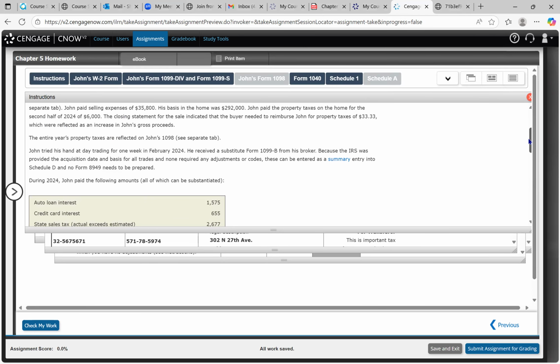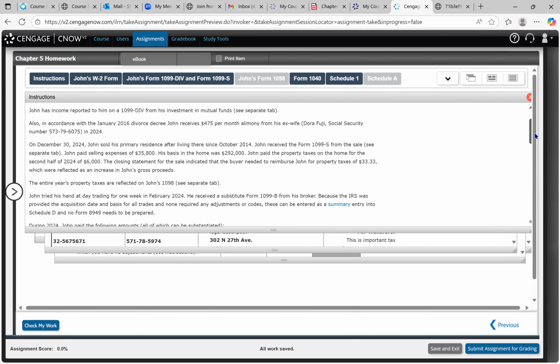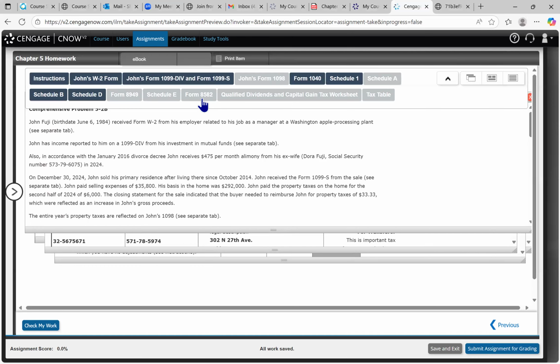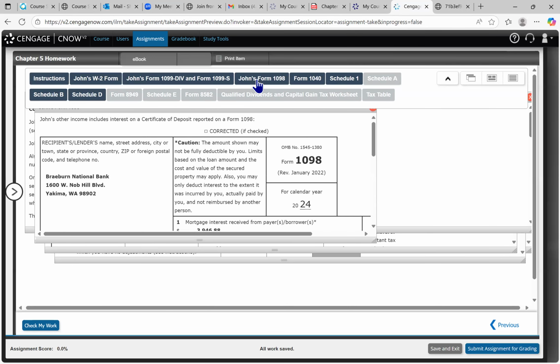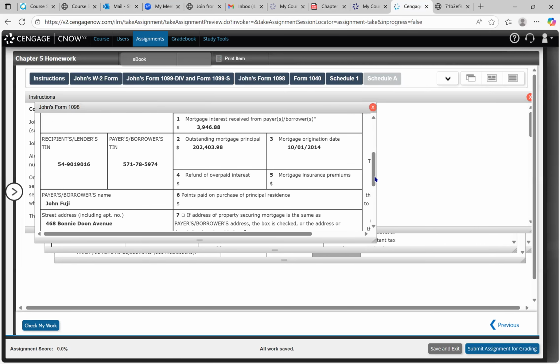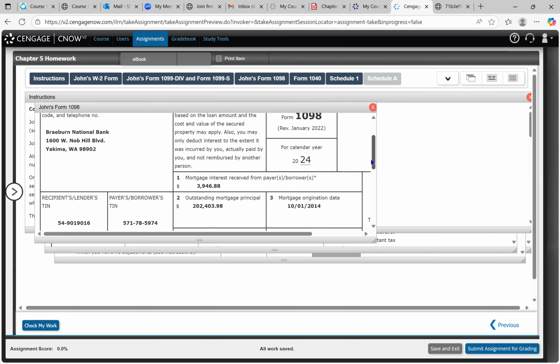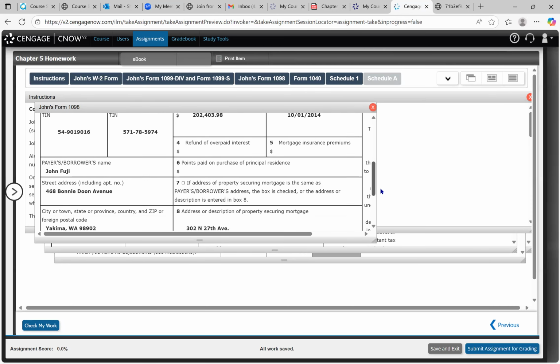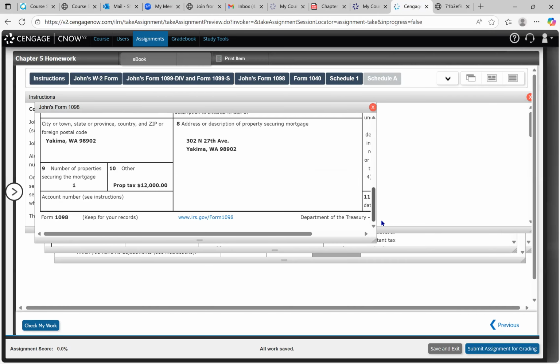The entire year's property taxes are reflected on John's 1098. So if we look at John's 1098, sorry, oh, here it is. We can see here that his 1098 shows his mortgage interest is 3947 and his property taxes are $12,000. So again, remember that he was reimbursed for $33 from the buyers.